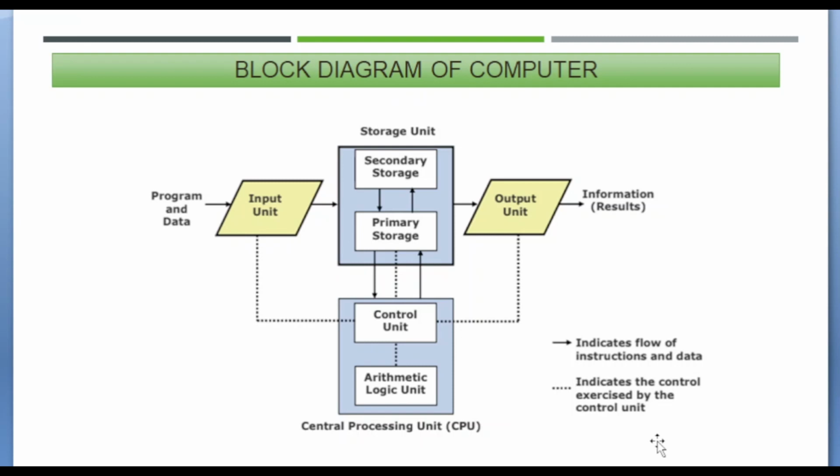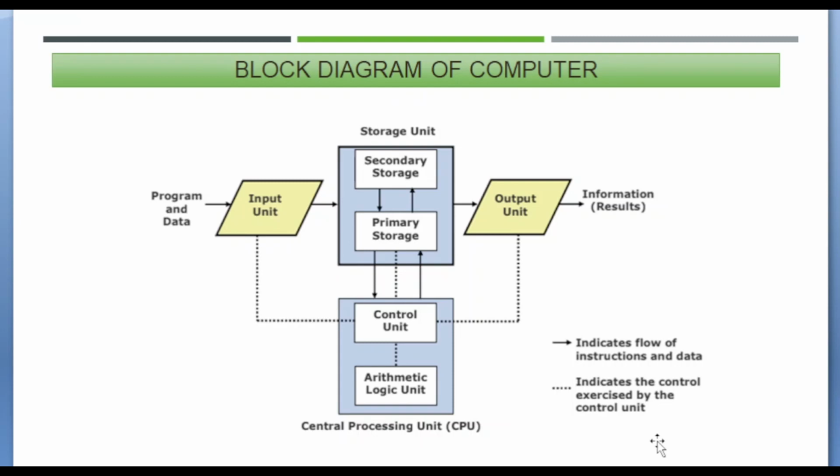A large amount of data is stored in computer memory with the help of primary and secondary storage devices, temporarily or permanently. Volatile memory and non-volatile memory. These are called storage devices.